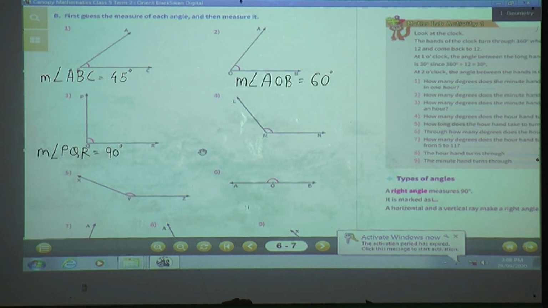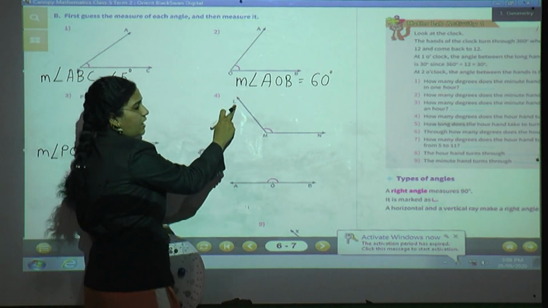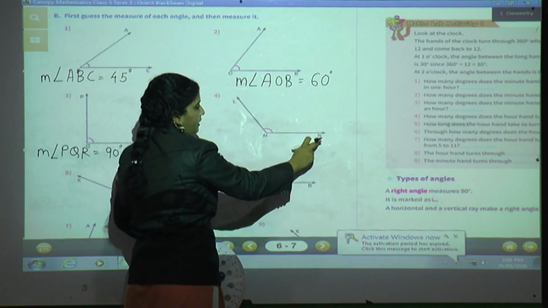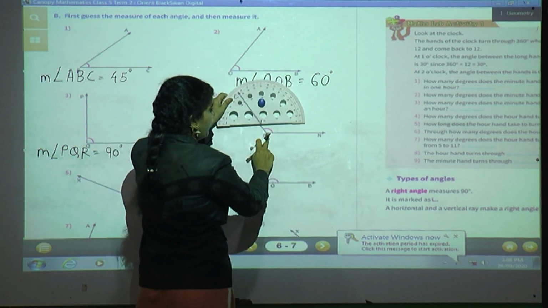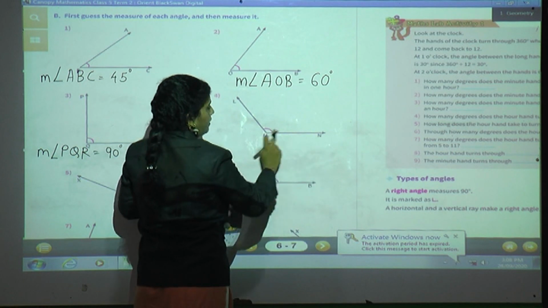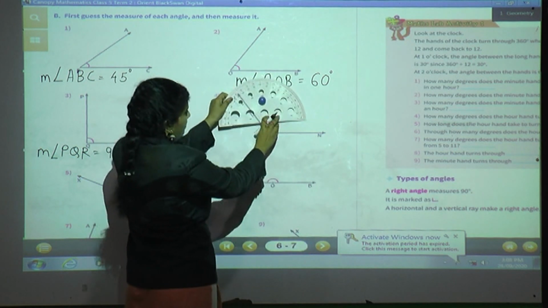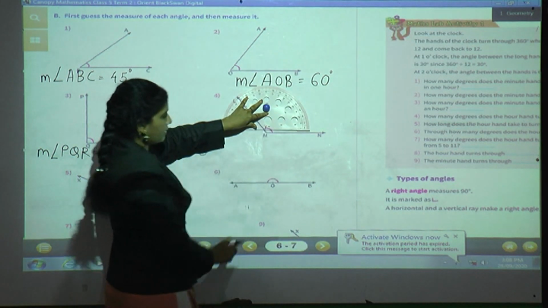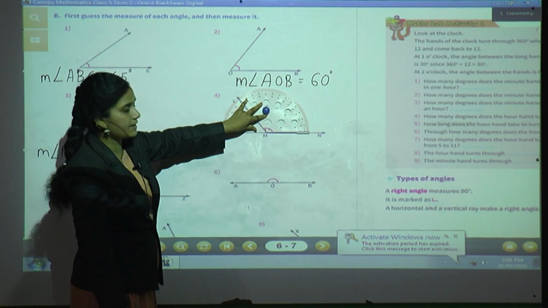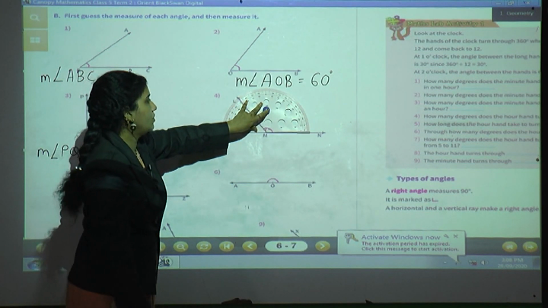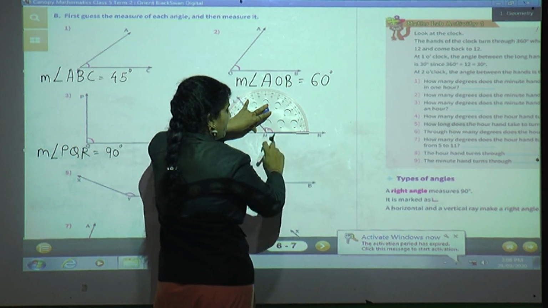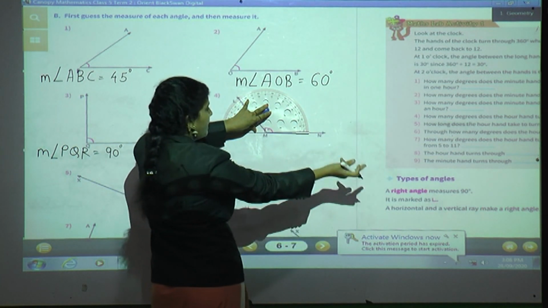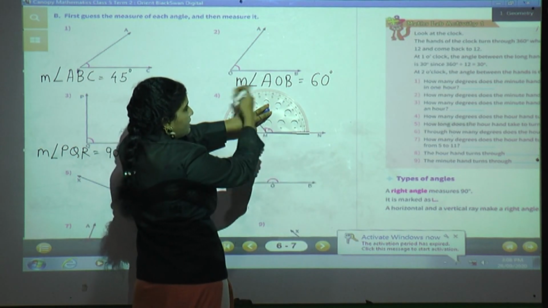Now fourth one, angle LMN. Place the baseline of the protractor on ray MN. The center of the protractor is on vertex M. This ray MN's arrow is on the right side, so use your inner scale.